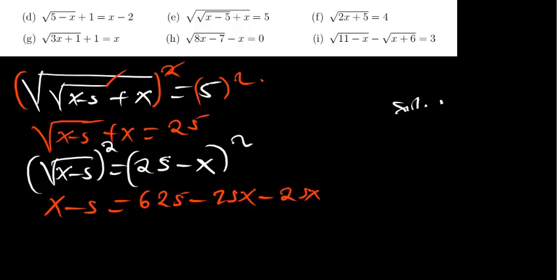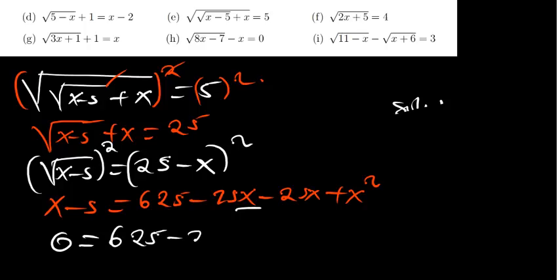X times x is going to be x squared. Remember I said as long as you have got x, x squared is existing, and just a number, that is definitely a quadratic equation. So I'm going to shift everything here to remain with 0. Then I'm going to say 0 is equal to 625 minus, if I can add these I get 50x, plus x squared. If I shift x to the other side, it is going to be negative x plus 5.